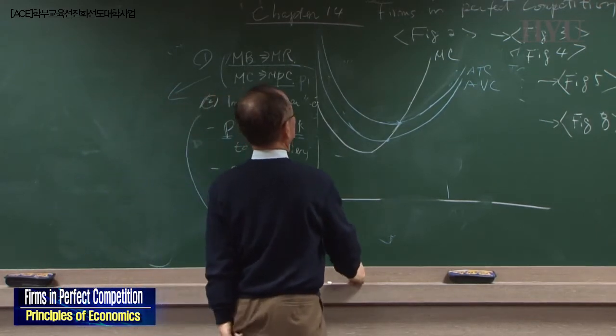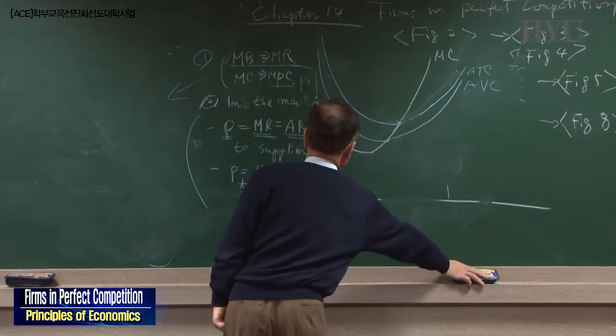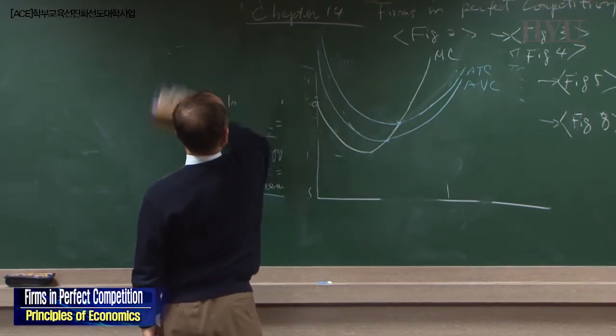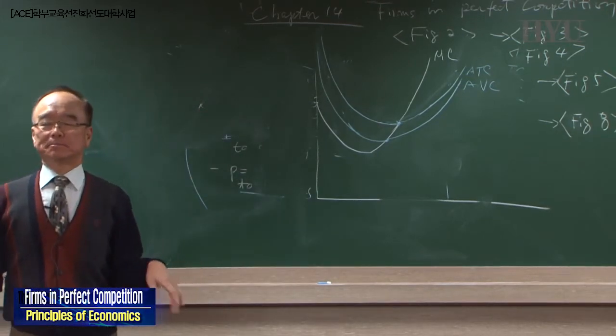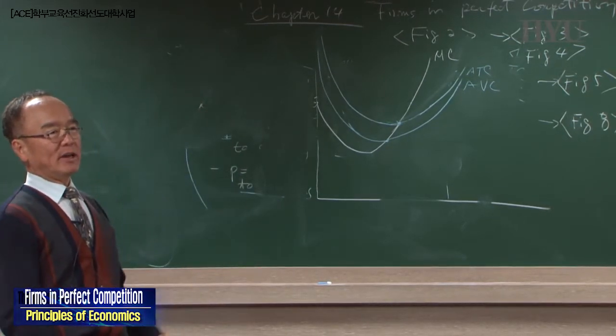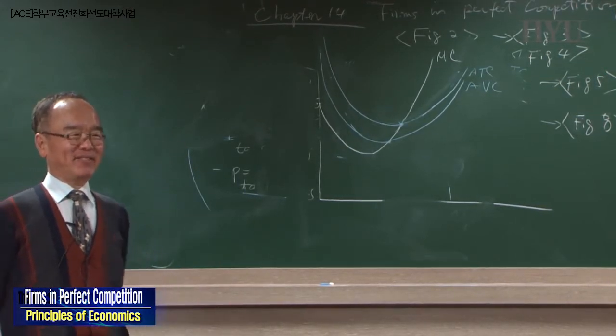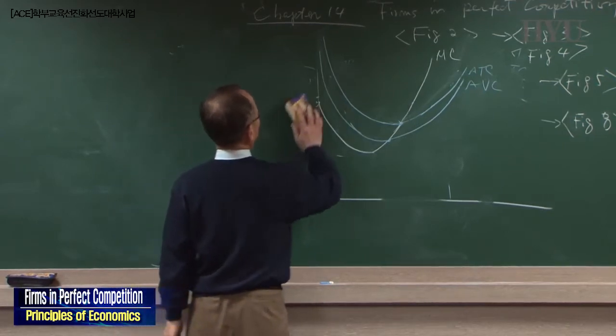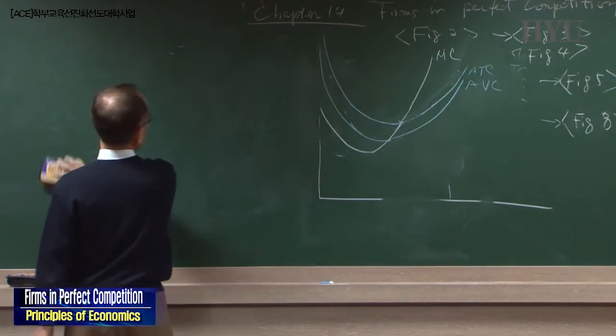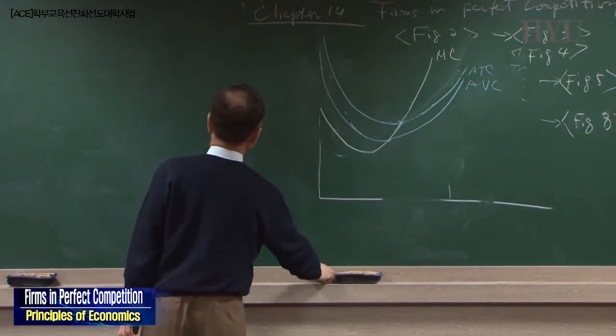Okay, so let's start case number 1. Here, I want you to remember that to make the evaluation, average numbers are useful. Average revenue or average cost is useful. Why is that?